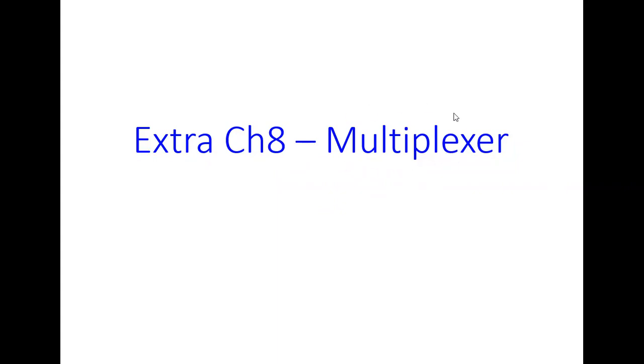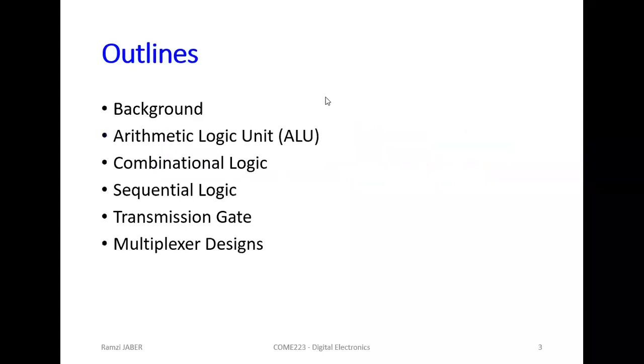Before defining what a multiplexer is, we need to talk about some background: arithmetic logic unit, combinational logic circuit, sequential logic circuit, and what is a transmission gate, then we talk about what is a multiplexer. I will repeat the last lecture very fast here as a background.